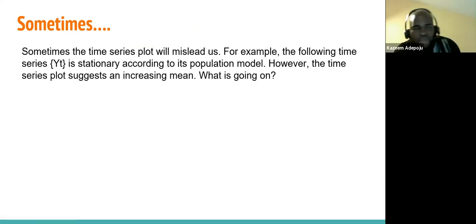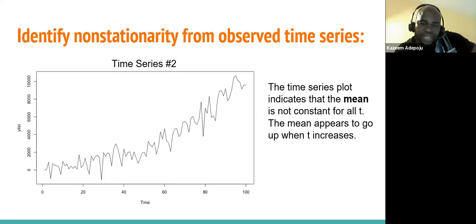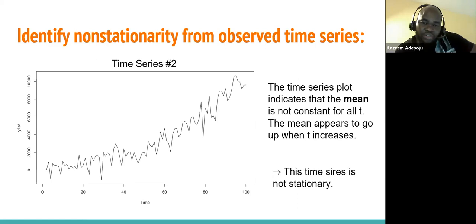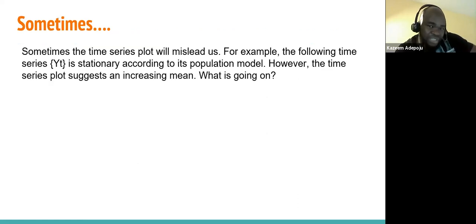So sometimes the time series plot will mislead us, just like what I told you. What we're doing right here is not a standard way to do that, because there could be a conflict of interest in the way we interpret the graph. So sometimes the time plot will mislead you. For example, the following time series is stationary according to its population model.